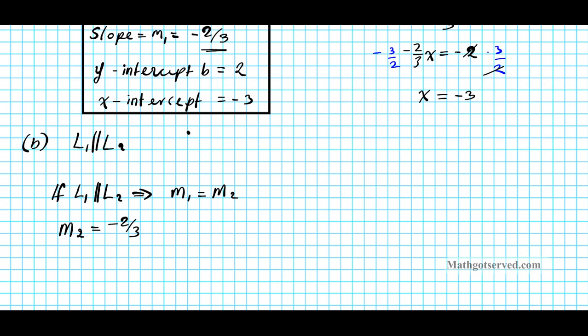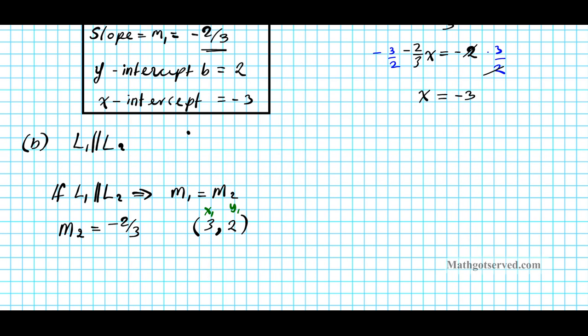All right, and then we also have the point. The point is 3, 2. So this is going to be x1 and y1. In order to write down the equation of a line, we need a point and a slope. So we have the point and the slope.